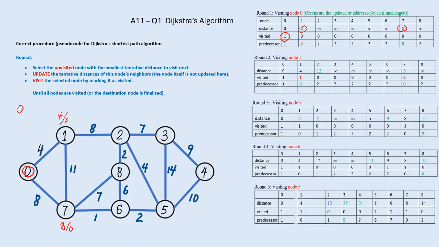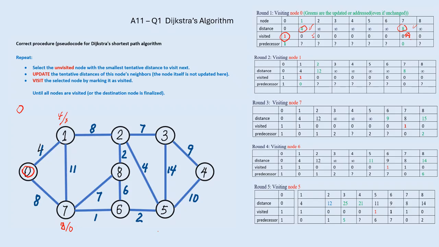They put this one as visited as well. Never put this one. This is not visited. Updated doesn't mean you visit. Each time you only visit one node, and as a result of that visit, you update its neighbors. Then you're done. So the updated ones I put in green. This is updated, this is updated, but this is not visited. You're visiting one, and what do you do there? You update its neighbors, and then you're done.